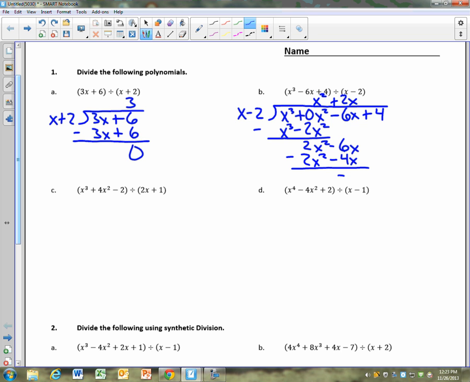Negative 2x. I get negative 2x plus 4. What do you multiply x by to get negative 2x? Negative 2. Run that through, you get negative 2x plus 4. Subtract those and you get 0. No remainder.